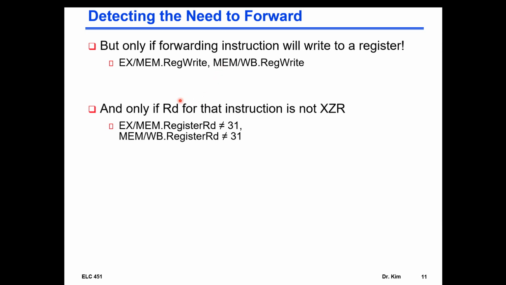And if the destination register is the 0 register, then the 0 register is a read-only register. It never gets written. So we can ignore the condition if the RD field is equal to 31, which is the 0 register. So these are some additional details to detect.